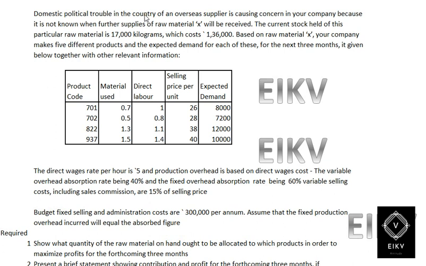Domestic political trouble in the country of an overseas supplier is causing concern in your company because it is not known where, when further supplies of raw material of X will be received.